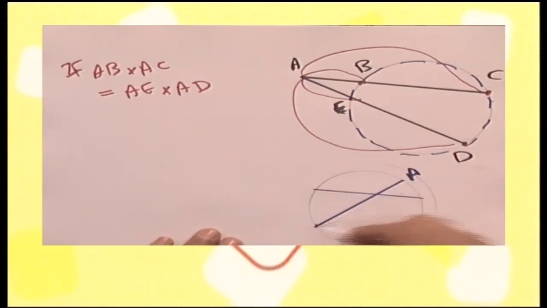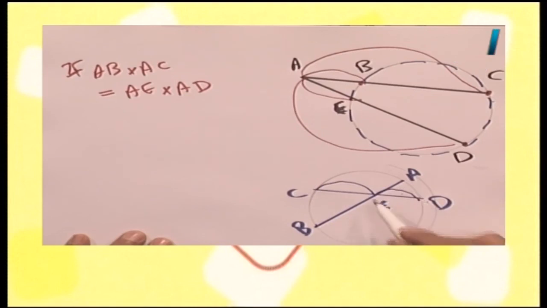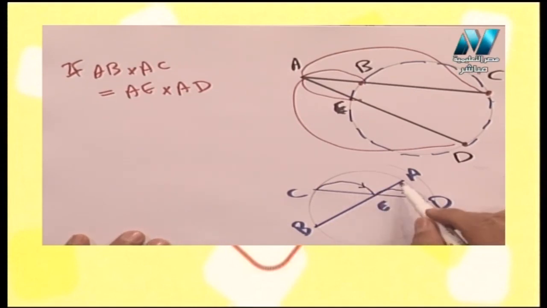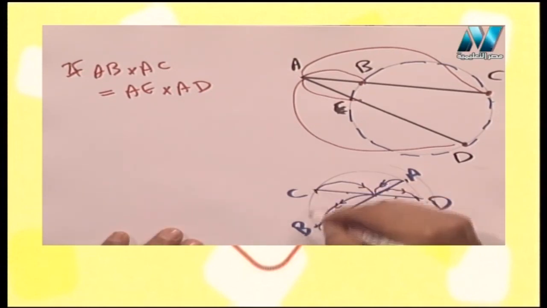We can call A, B, C, D, and E, and we have CE multiplied by ED, this part times this part, equals AE times AB, which is this part multiplied by this part. If we find that this part times this part equals this part times this part, then A, B, D, and C lie on the same circle.